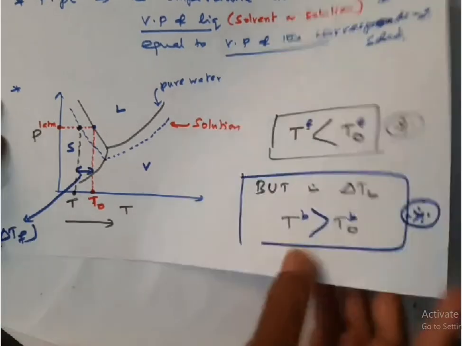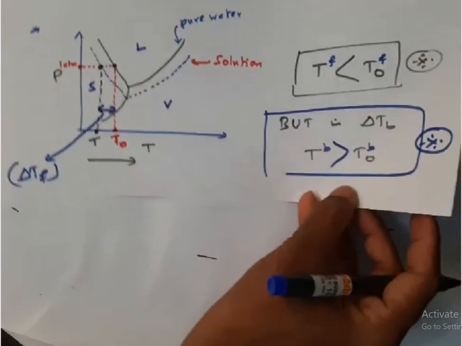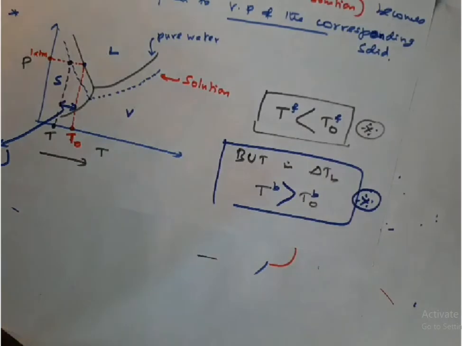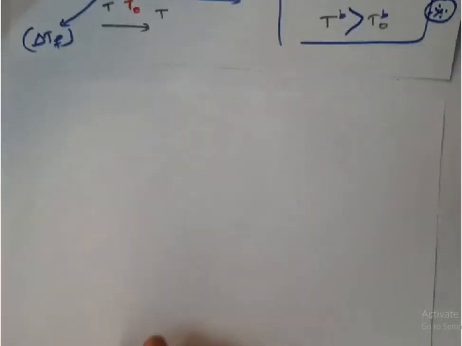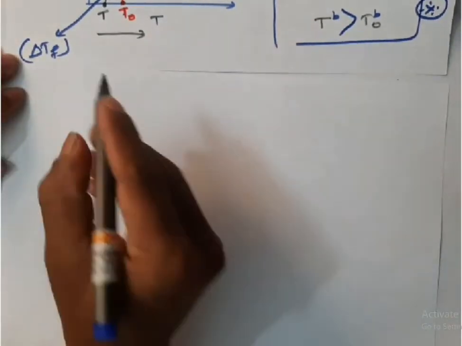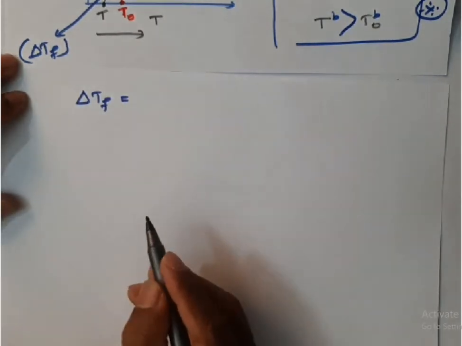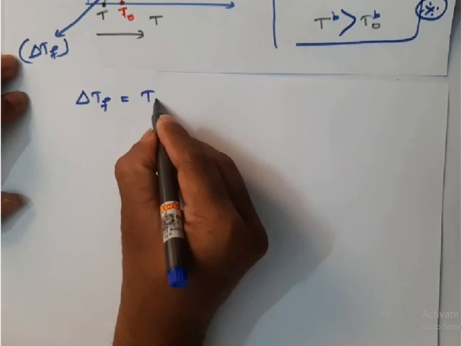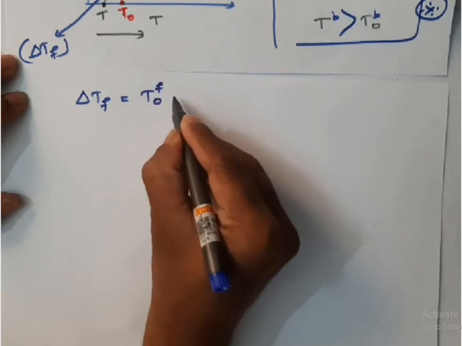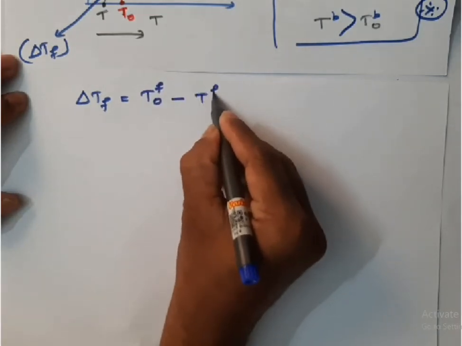So let me write it on the next page. So what is delta TF? Delta TF is equal to the freezing point of pure solvent T0F minus the freezing point of solution TF.